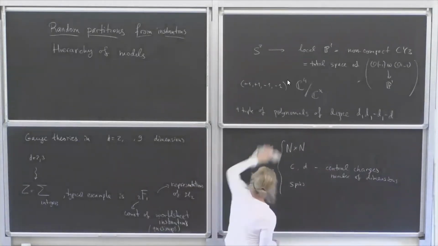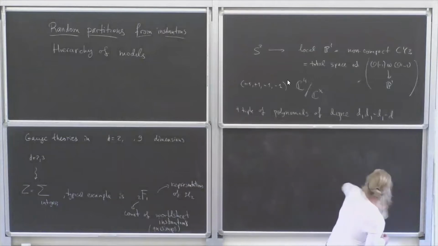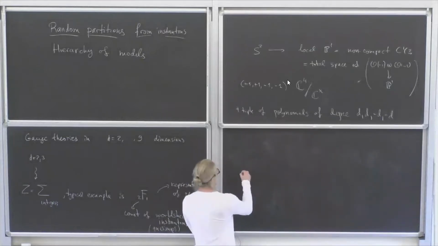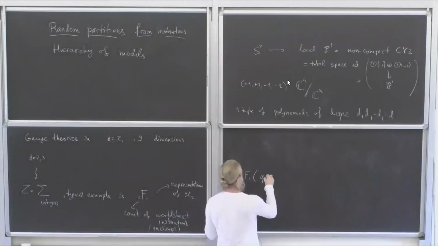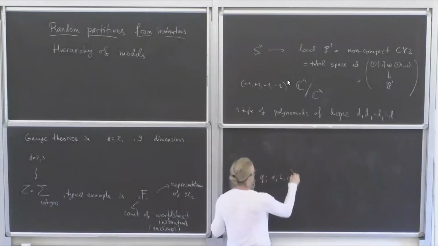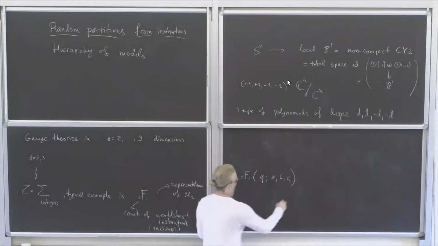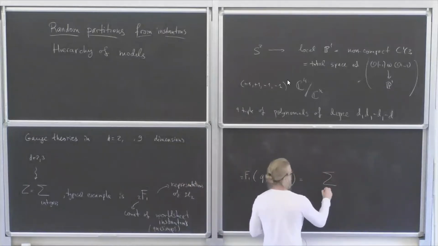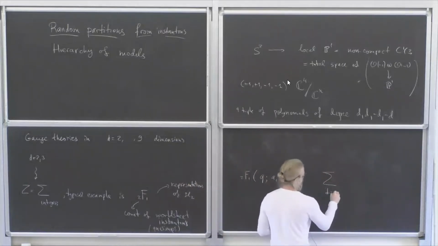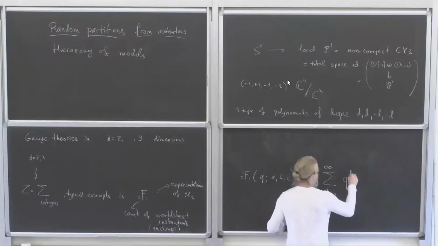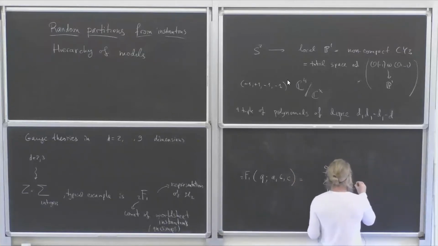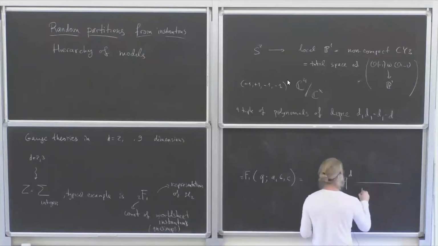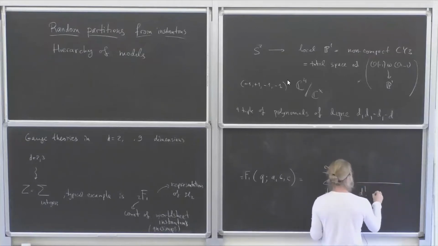And to make the long story short, if you write Gauss's representation of the hypergeometric function as the power series, Q will be the parameter which counts the degrees of the map. And so I will have d factorial and the Pochhammer symbols.